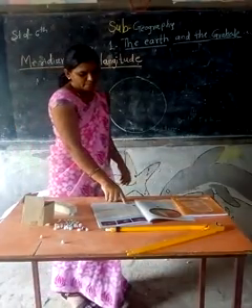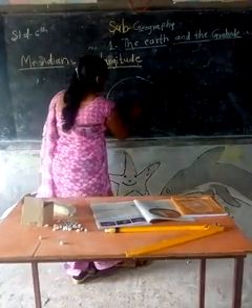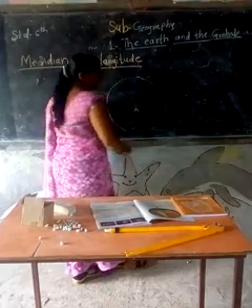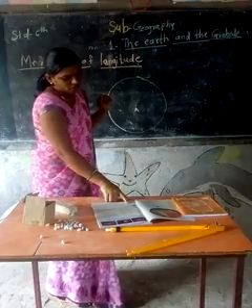Draw the line MB here. The center point is A. Then draw the line MB, and next the line AM.